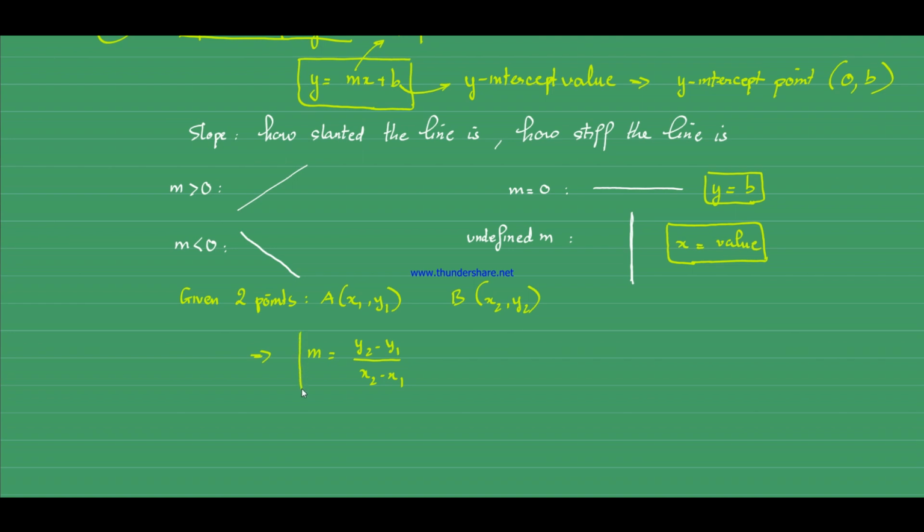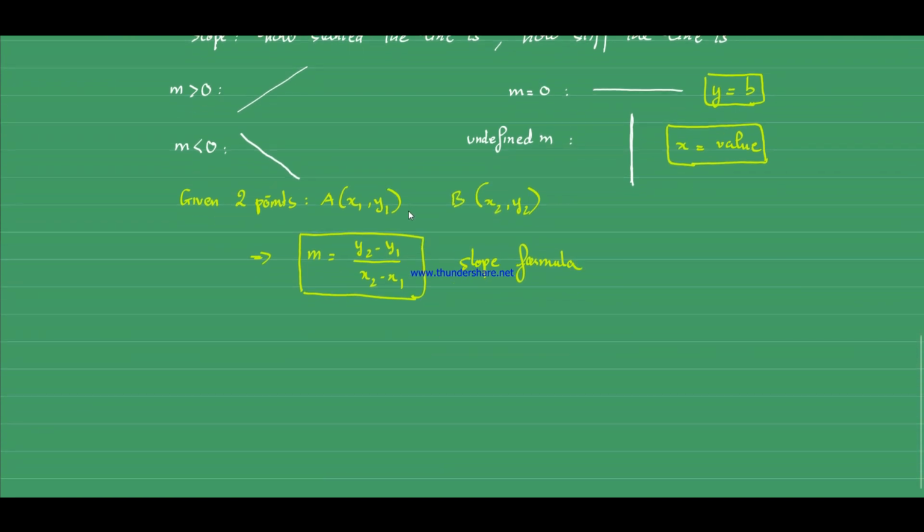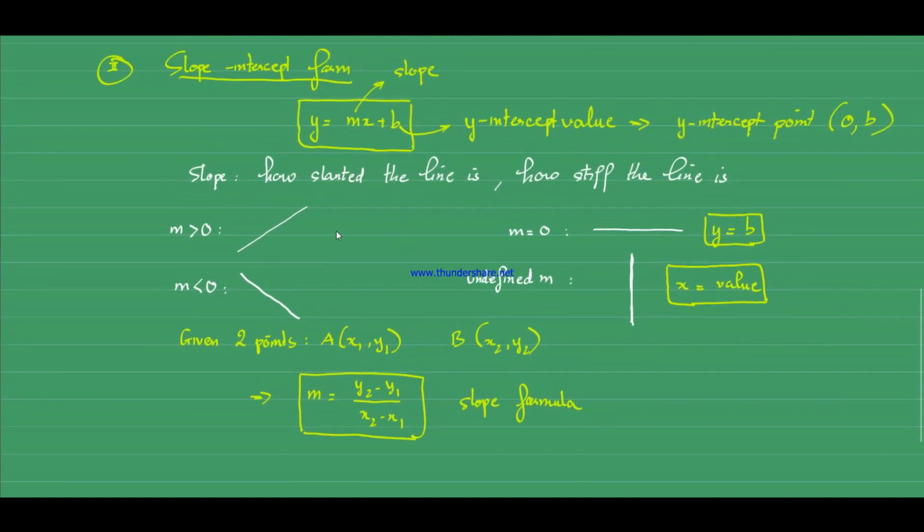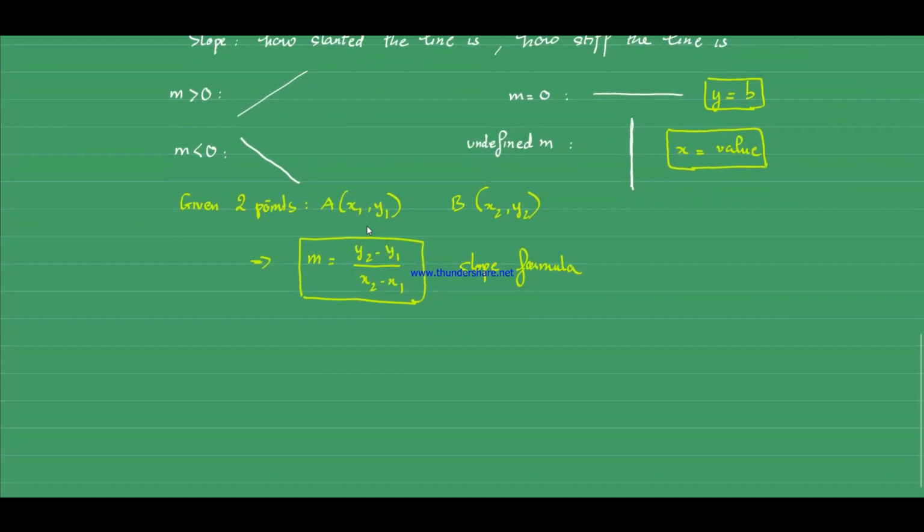This one right over here, we call the slope formula. Given 2 points, we can find the slope by using this formula. And this is a very important formula because later on when you watch the video, you will see that we can use this formula to get a slope and write a linear equation in slope-intercept form.